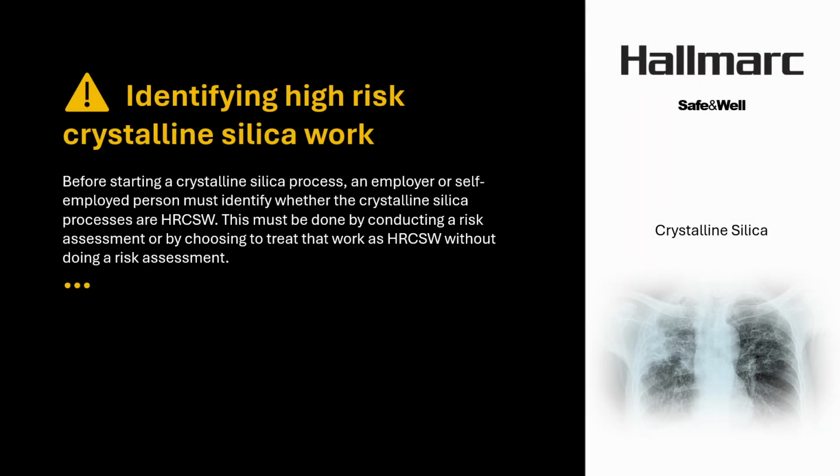Identifying high-risk crystalline silica work. Before starting a crystalline silica process, an employer or self-employed person must identify whether the crystalline silica processes are high-risk crystalline silica work. This must be done by conducting a risk assessment or by choosing to treat that work as high-risk crystalline silica work without doing a risk assessment.